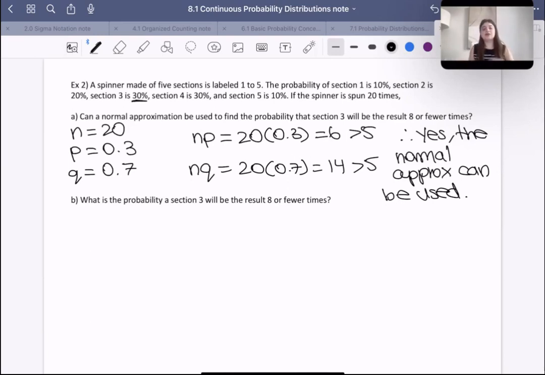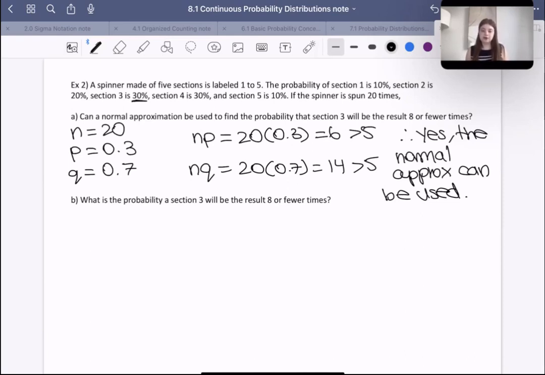Given that this is a lesson all about the normal approximation, they probably wouldn't give us a question in this section where the answer would be no. However, on a test or exam, especially on a cumulative final exam where there may be questions about regular binomial distributions too, it's important to check and make sure you get it right, because you might be given an example where the answer is no, a normal approximation can't be used. We've got to just use our regular binomial distribution principles that we know.